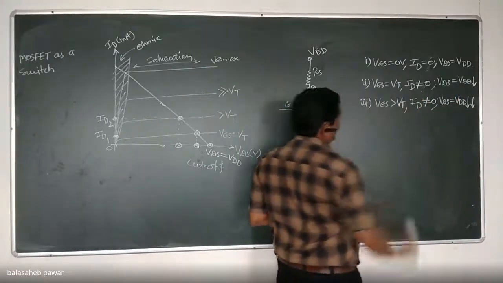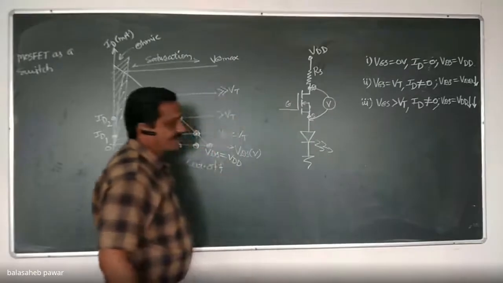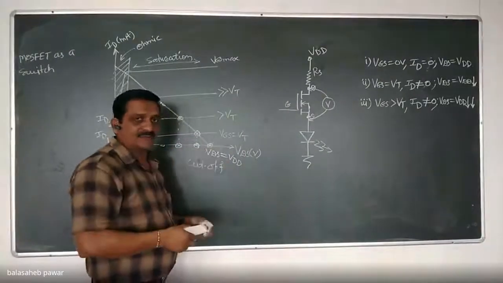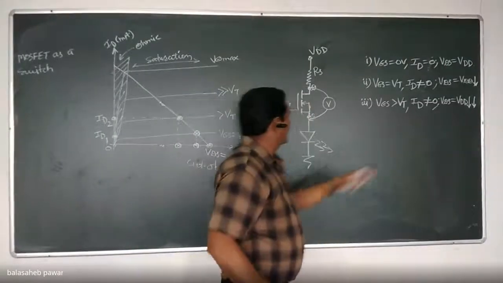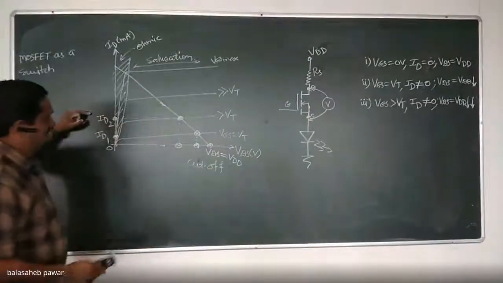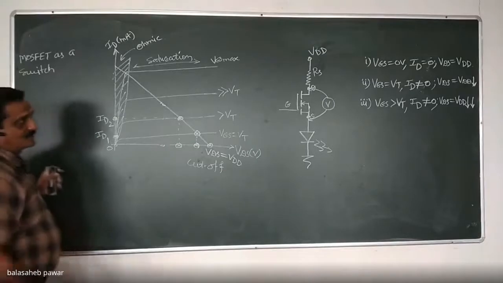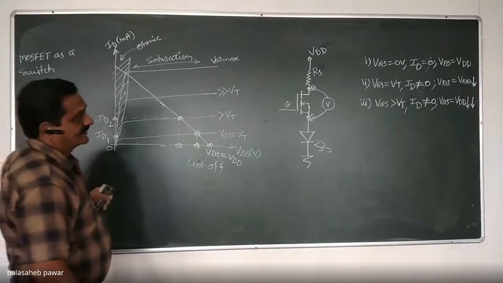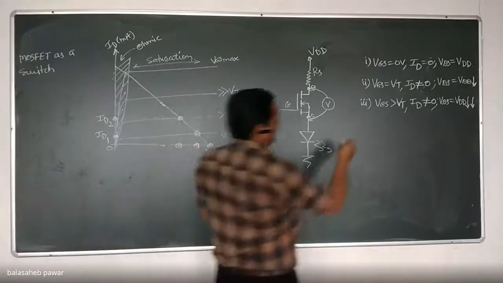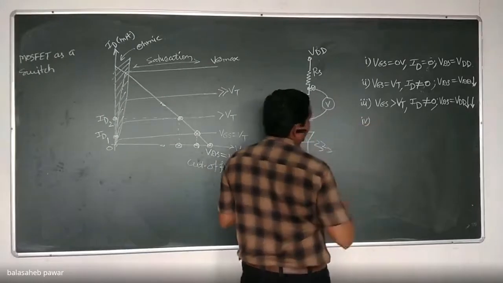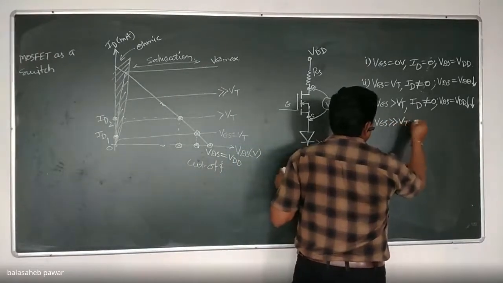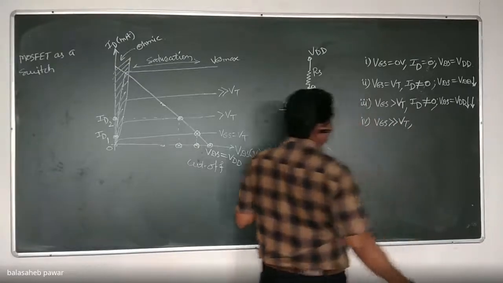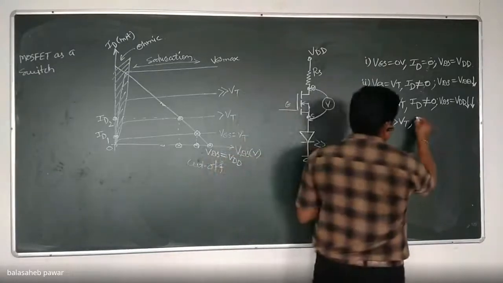Whenever you increase VGS somewhat greater than VT, again ID will increase. It will not remain at 0, but the amount of ID for the third condition will be more. Is it? That is nothing but ID2, right? Then for the fourth condition, I will take VGS sufficiently large compared to VT, the threshold voltage.